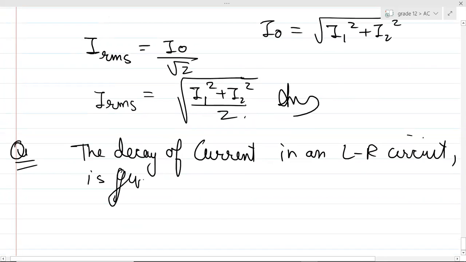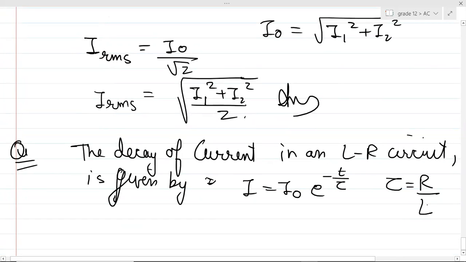It is given by I equals I naught into e to the power minus t by tau, where tau was equals to R by L, right? Yes, sir. R by L or L by R? Are you sure it is R by L? Please go check quickly. Even I'll check.